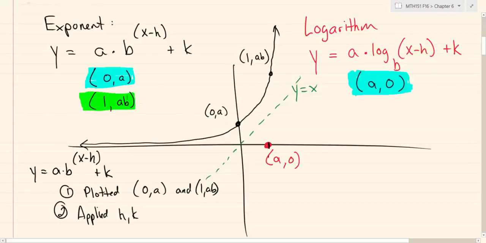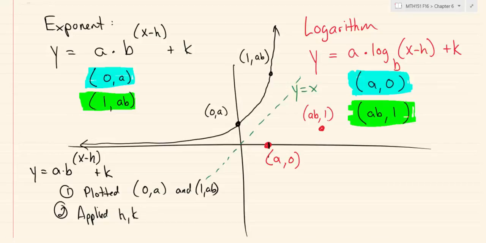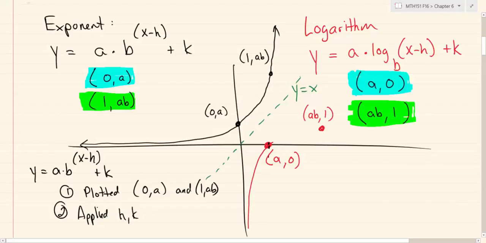So if that's a point that we plotted with the exponential, what's the point that we plot for the log? (ab, 1). And that point is probably going to be right about here. Think about, again, the log is the inverse of the exponential. You're going to reflect it over that green dotted line. Your logarithm is probably going to give you a graph that looks like this.